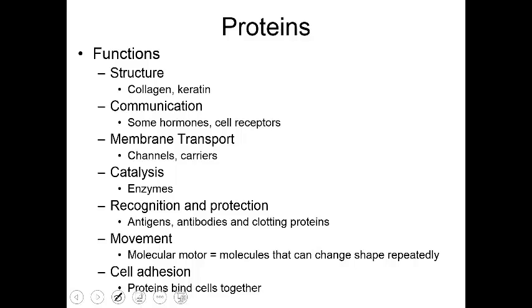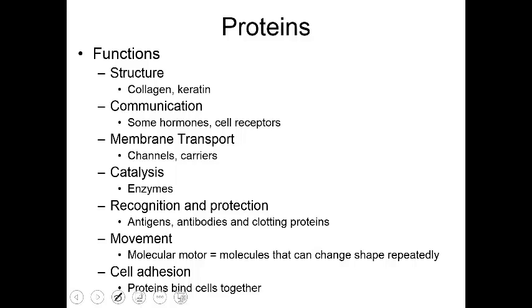So for example, an antigen could be a bacterial particle or a viral particle, or it could be a dust mite. It could be a particle of dust. So antigen is anything that elicits or produces an immune response. And that immune response is generation of antibodies. So antibodies are what our bodies produce when they come across something that they do not like or they have to get rid of.